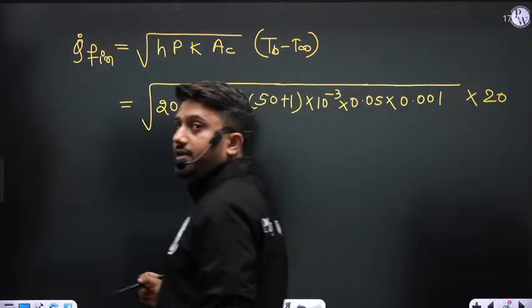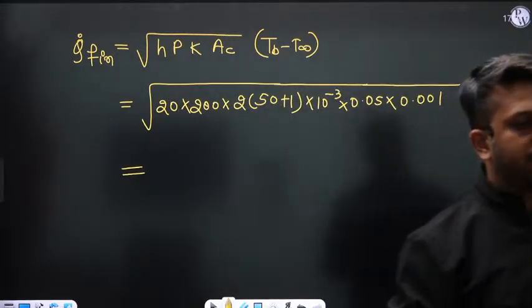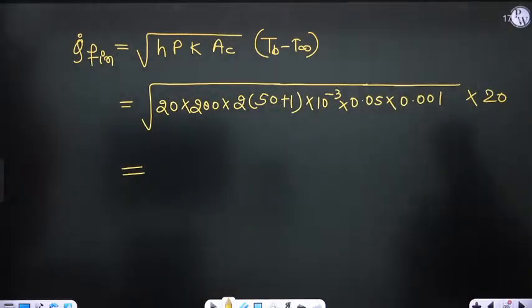So calculate the rate of heat loss through the fin. That is root over 20 into 200 into 2 into 51 into 10 to the power minus 3 into 0.05 into 0.001, into 20.